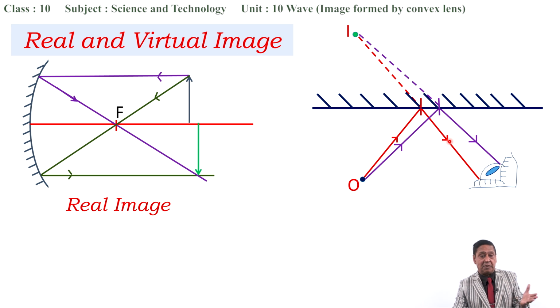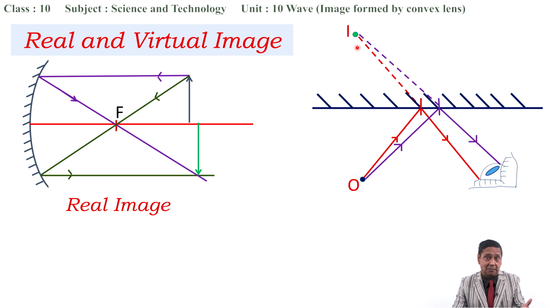And they won't meet in the really reflected direction. And so we have to produce them in the opposite direction. Really light cannot go to this image, light won't reach up to the image. These two rays, when produced in the opposite direction, where they meet, at that point the image forms.